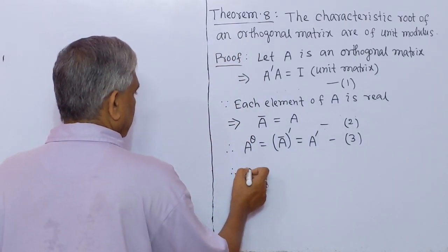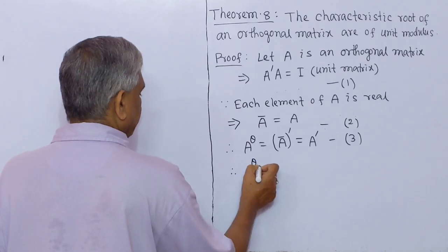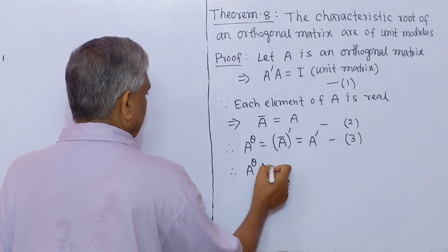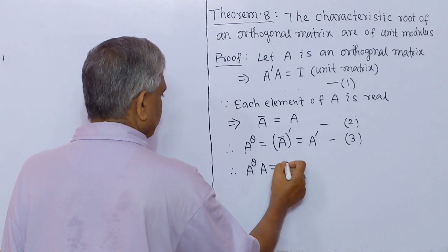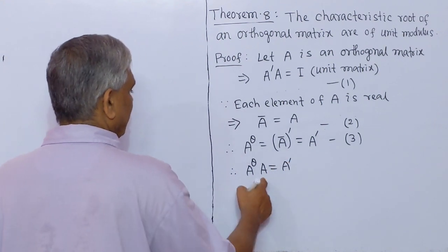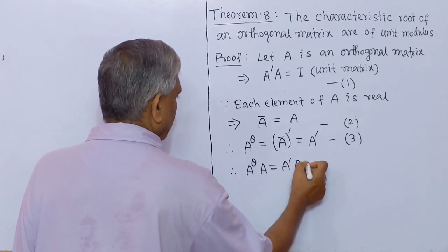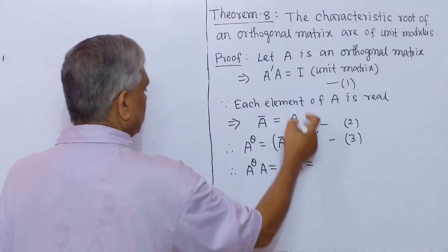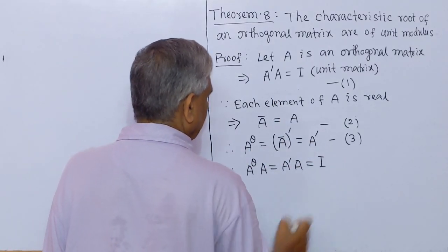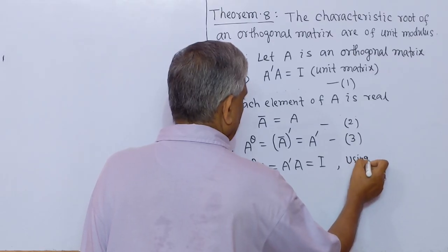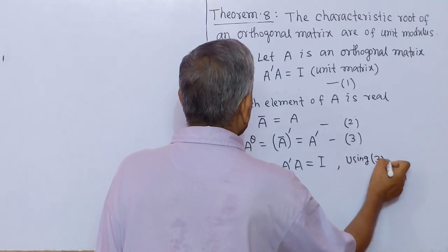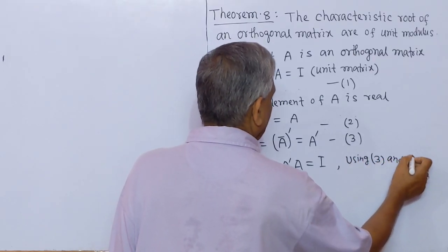Therefore, A^θ multiplied by A = the transpose of A multiplied by A = the unit matrix I, using theory and 1.